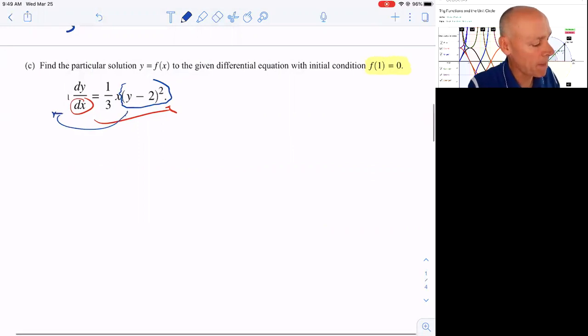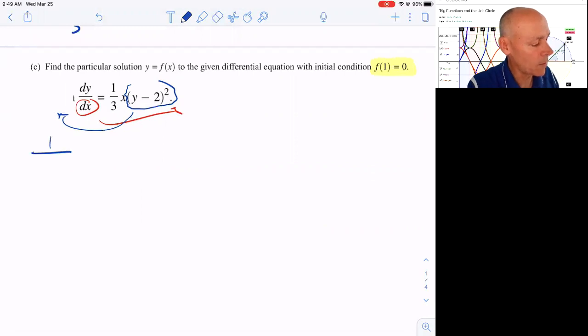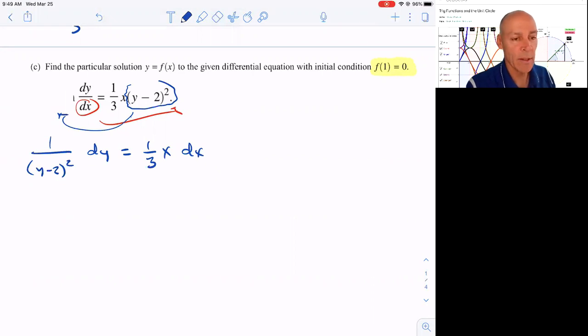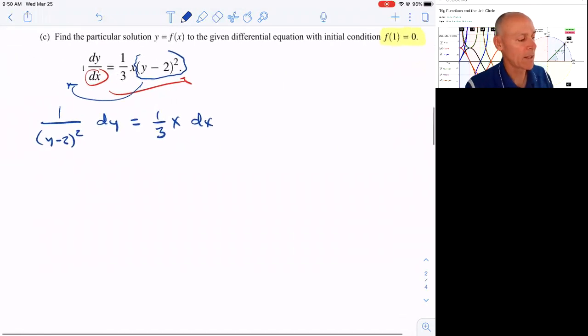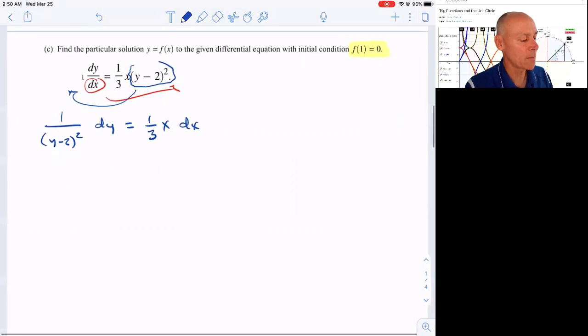So I'm going to get 1 over quantity y minus 2 squared dy is equal to 1/3 x dx. Okay. Again, I have the y and the dy on the left side, and I have the x and the dx on the right-hand side of my equation. So that's my first step, my separation of variables.